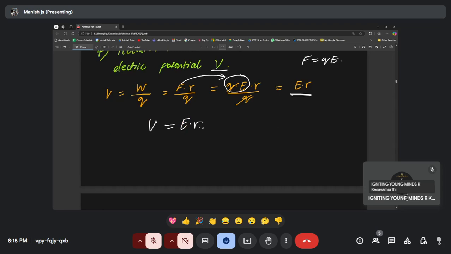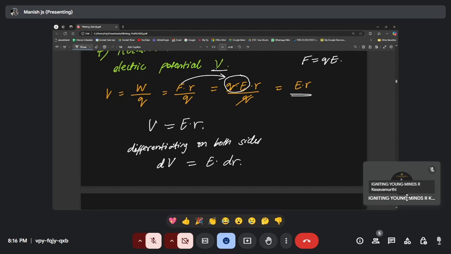Now I'm shifting this R. Before shifting, I'm trying to differentiate on both sides. So when I do so, I will get dV is equal to E into dr.